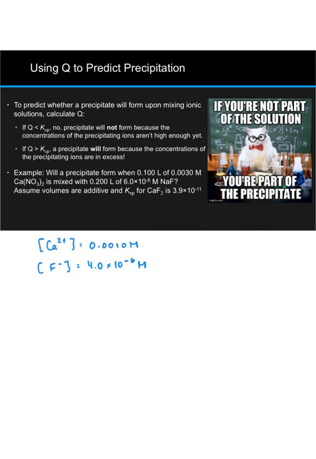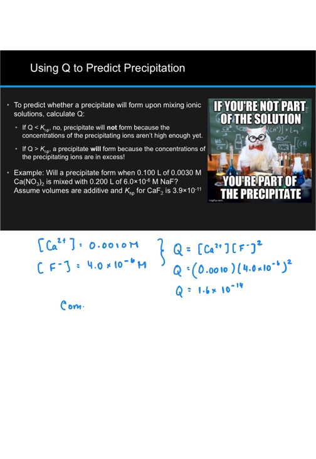So, what we'll say is that from these concentrations that we calculated from dilution earlier, the equilibrium constant, KSP, and the reaction quotient Q can be written in the same way. Calcium concentration times fluoride concentration squared. Here, Q is equal to 0.001 times 4 times 10 to the minus 6, quantity squared, which is 1.6 times 10 to the minus 14.